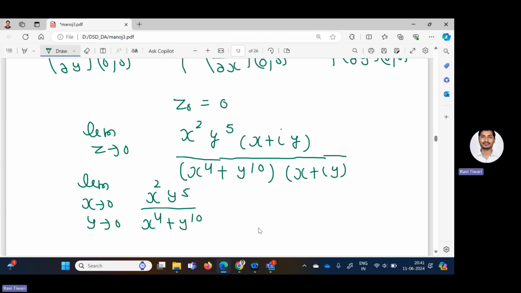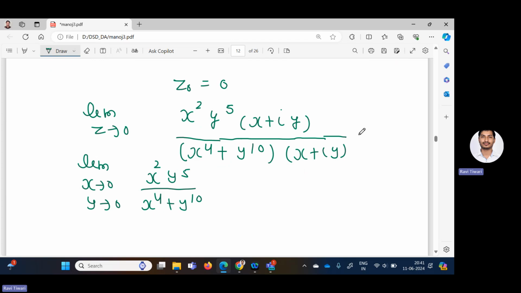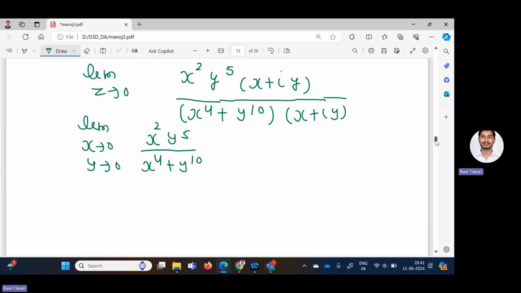So again we can choose a different path. If you choose the first path along the x-axis, this will imply y should be 0.